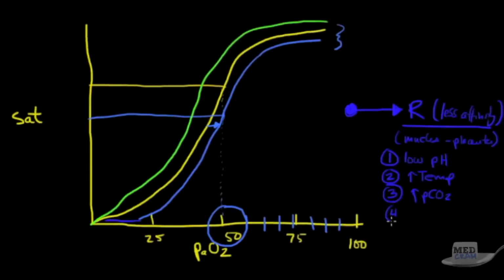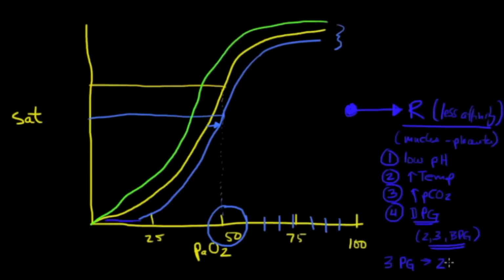Another thing that shifts it to the right is a molecule called DPG, diphosphoglycerate, otherwise known as 2,3-BPG or bisphosphoglycerate. This, as you may recall, is an intermediate of glycolysis, and this is where 3-phosphoglycerate goes to 2-phosphoglycerate, and that's an important step in glycolysis.